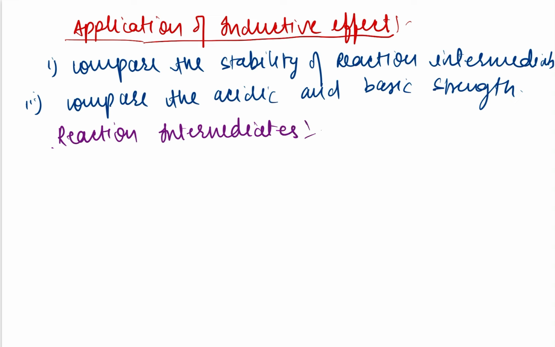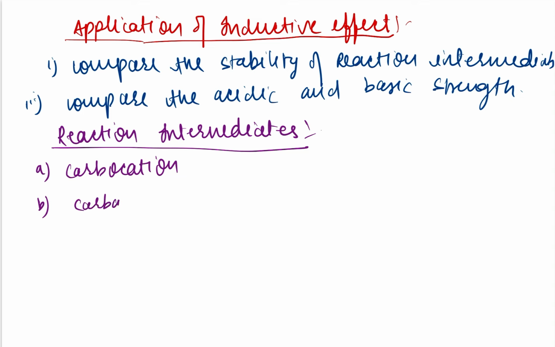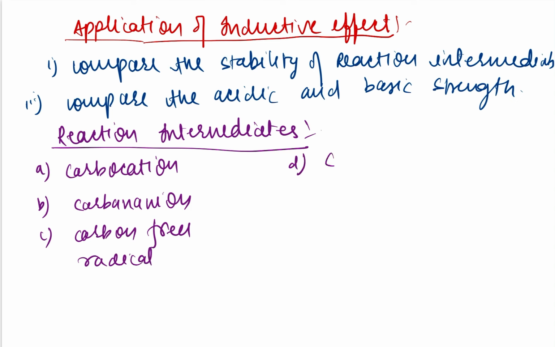What are our reaction intermediates? First is carbocation. Second is carbanion. Third is carbon free radical. Fourth is carbene.